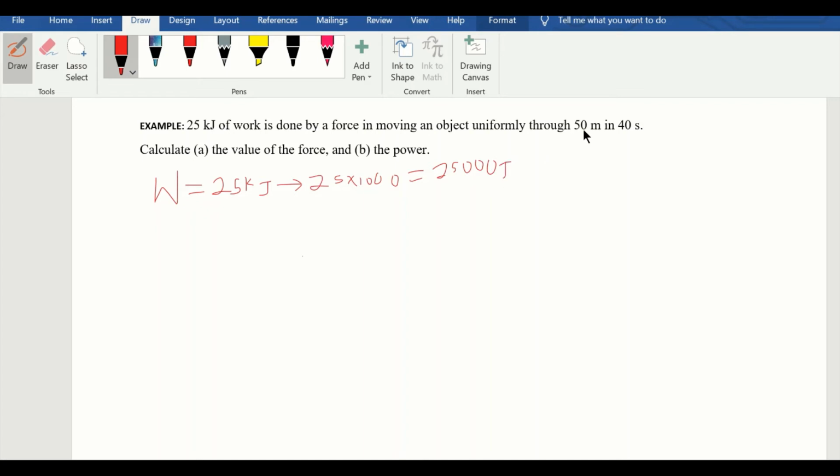Also, we are given the distance of 50 meters, and a time of 40 seconds.